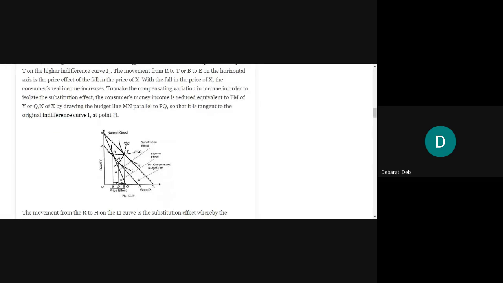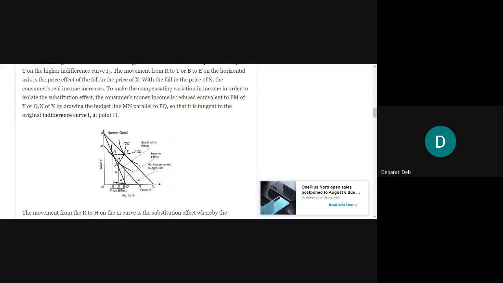This movement from the point B to E is called, sorry, I mentioned it as substitution effect. No, this is not substitution effect. Okay, this is price effect. Why is the shift happening? Due to the change in price, isn't it? Due to the change in price of product X, the shift is happening.